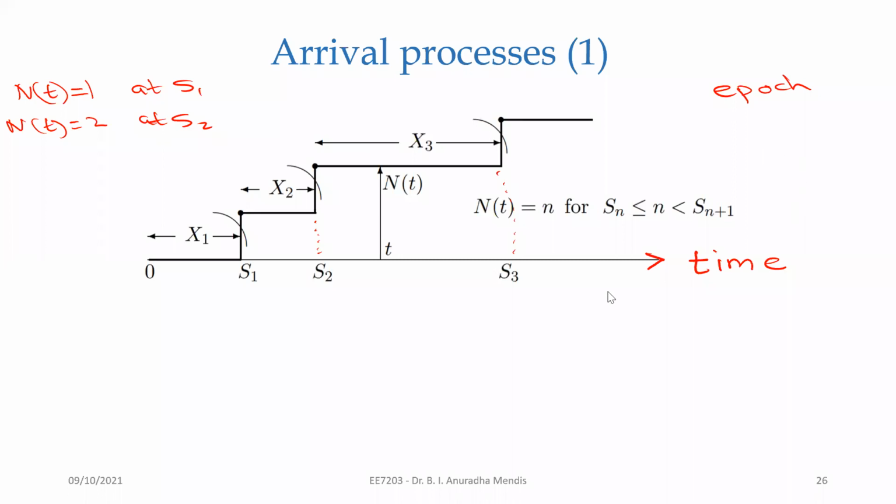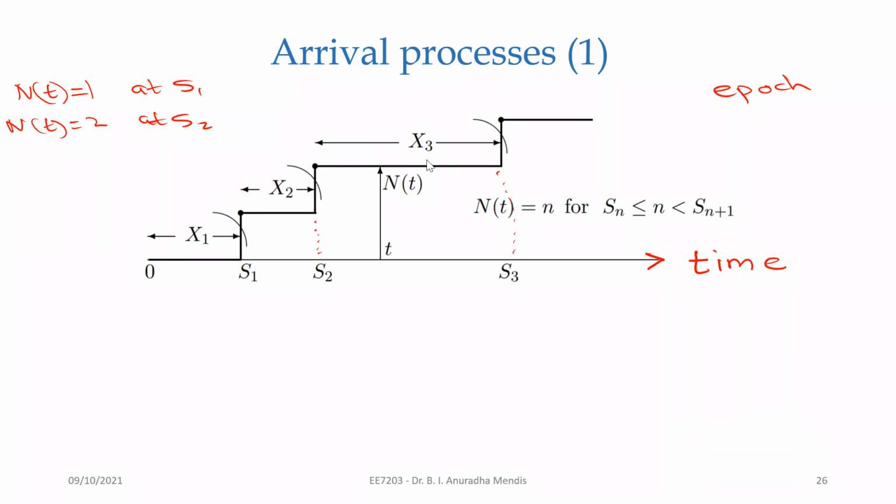Yeah, it is duration, but what duration? It is the interarrival time. So between two arrivals, what is that time? Between the first arrival and the second arrival, the time is this one. Between the second arrival and the third arrival, the time is X3. So these we call interarrival times.